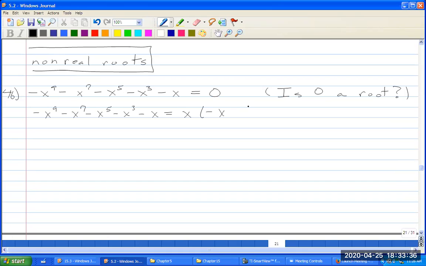Let's get rid of x to the 8. Doesn't really matter if I factor out the minus. Let's factor out the minus.